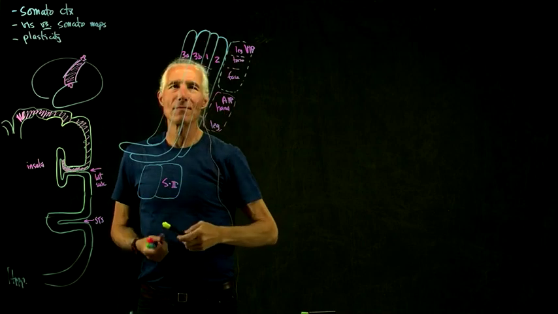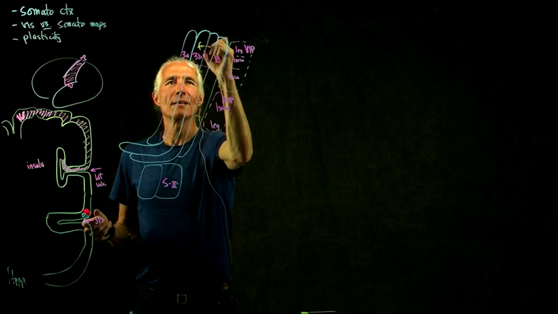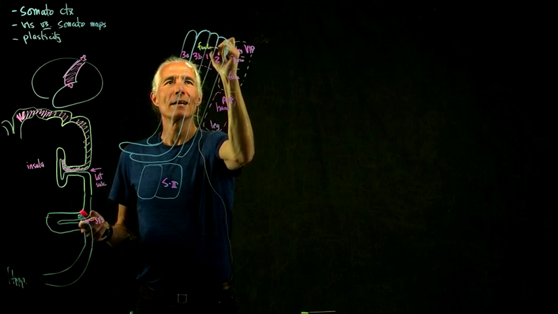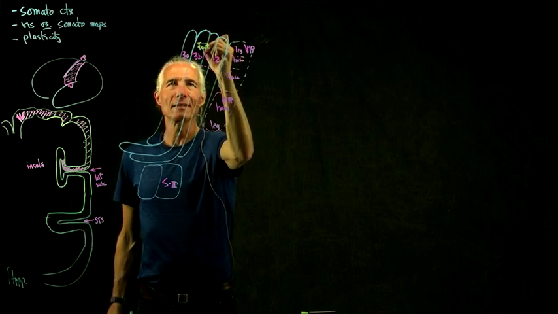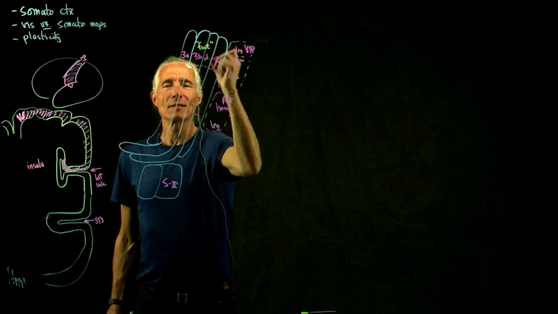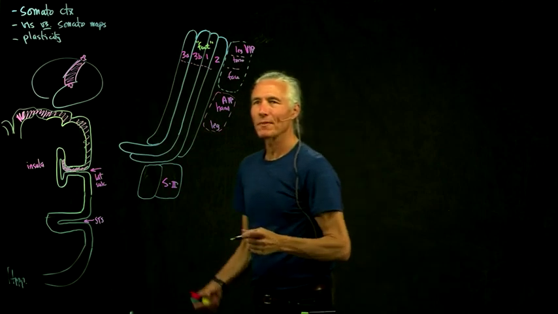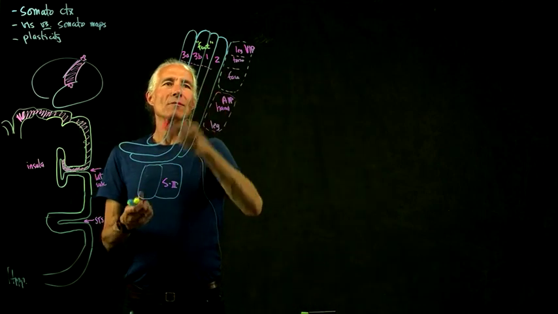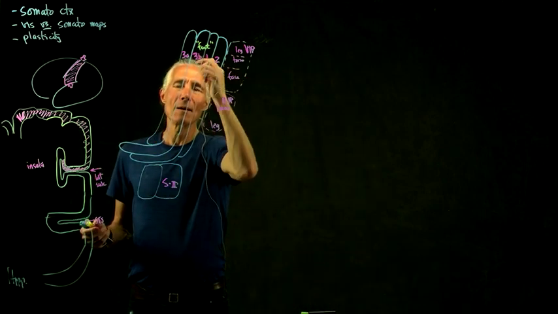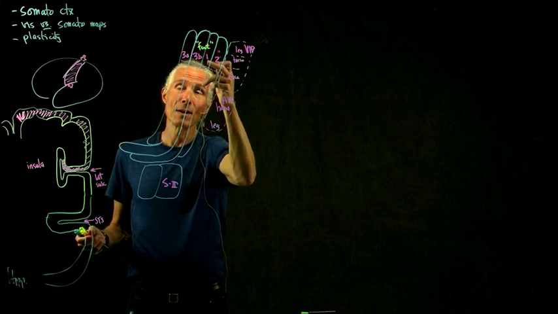And what do we mean by the foot? We mean the leg and maybe the buttocks, more than just the foot. So the lower leg, the upper leg, the foot, the toes, everything. And those representations of the foot are lined up more or less across 3A, 3B, 1, and 2.